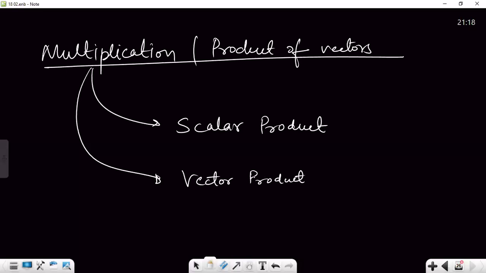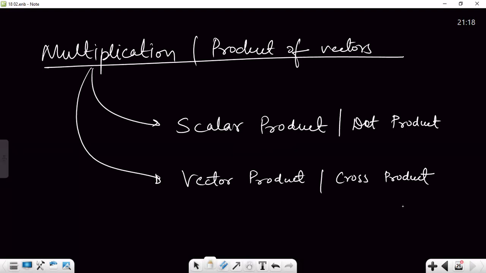So the unique feature is the product, the resultant that is coming out. If the result is a scalar, then that product is known as scalar product. It is also known as dot product. And the vector product is also known as cross product.